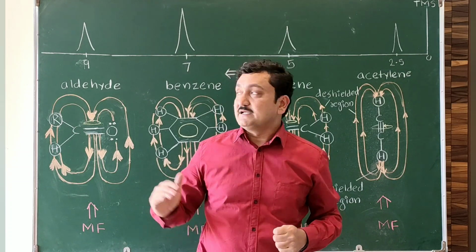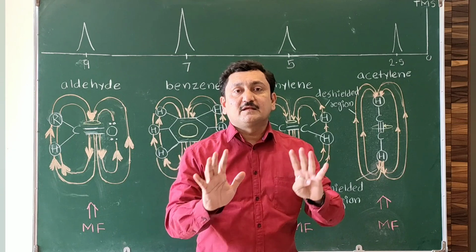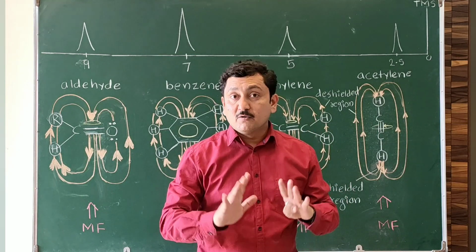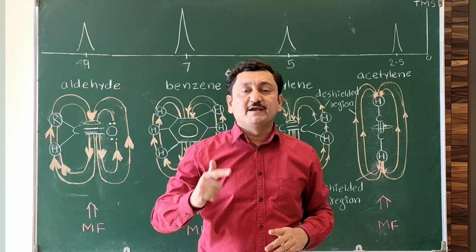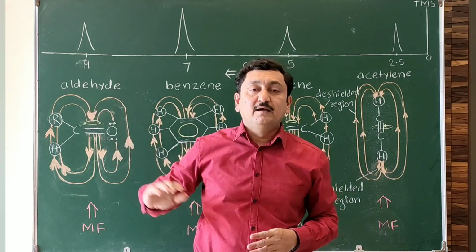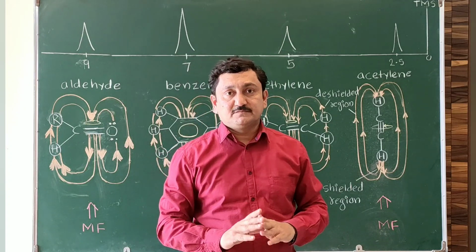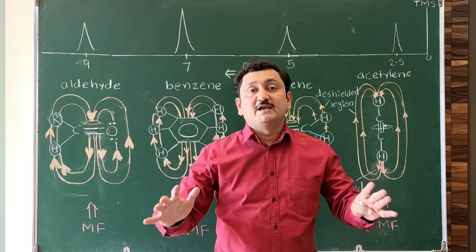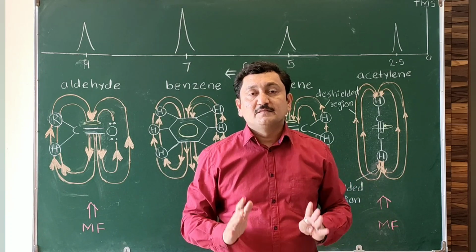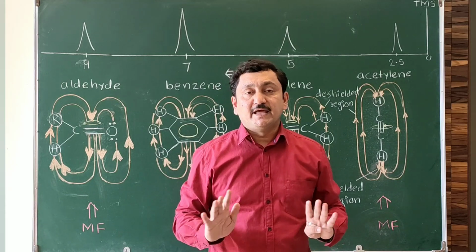If we are getting a signal between delta value 9 to 10, then we can predict that it is the signal of aldehydic hydrogen. In our unknown compound, an aldehydic group must be present. If we are getting a signal between 10 to 12 delta value, it is the signal of the carboxylic COOH. So we can predict the structure of a compound, that is, the environment of hydrogen. This is regarding shielding and de-shielding, that is, the chemical shift in NMR spectra.